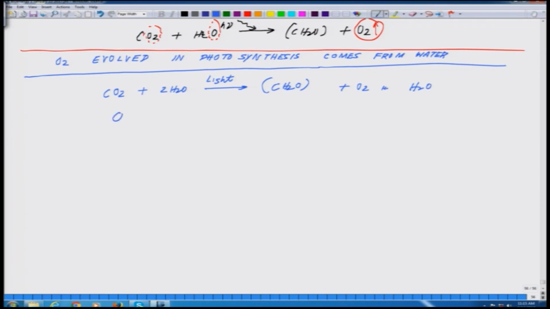Now, CO2 plus 2H2, now I replace this oxygen with sulfur.